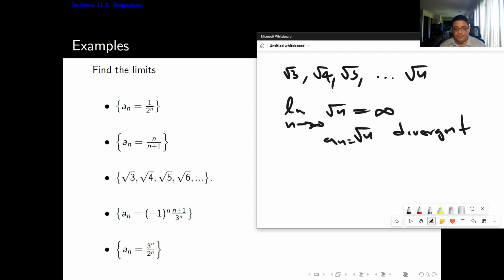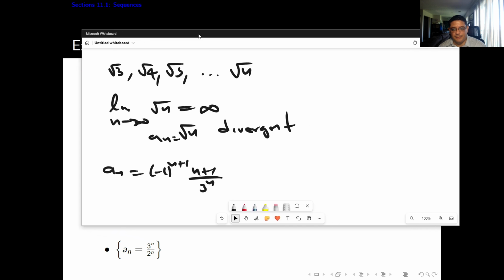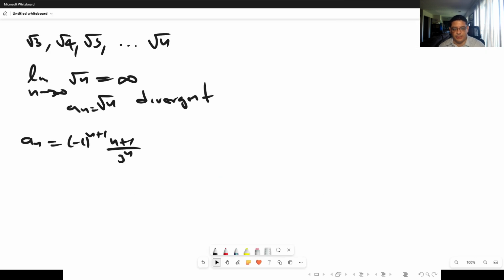Now, this other sequence here, an, is minus 1 to the n plus 1 over 3n. This is much more difficult to really assess because it's kind of going between minus 1 and 1. I could say that an is going between minus 1 over 3 to the n and 1 over 3 to the n.